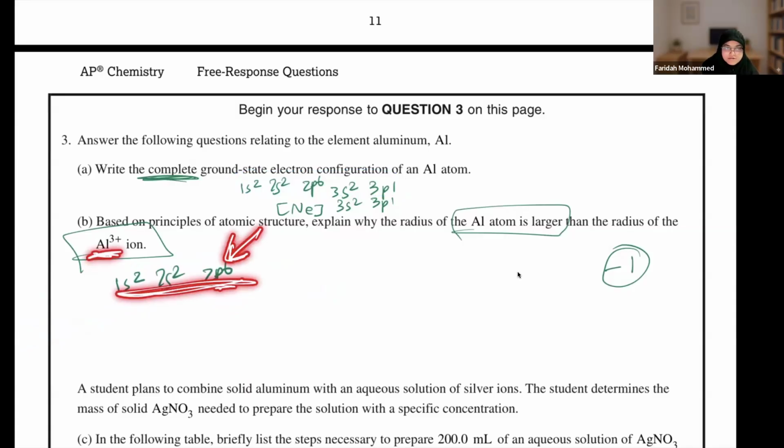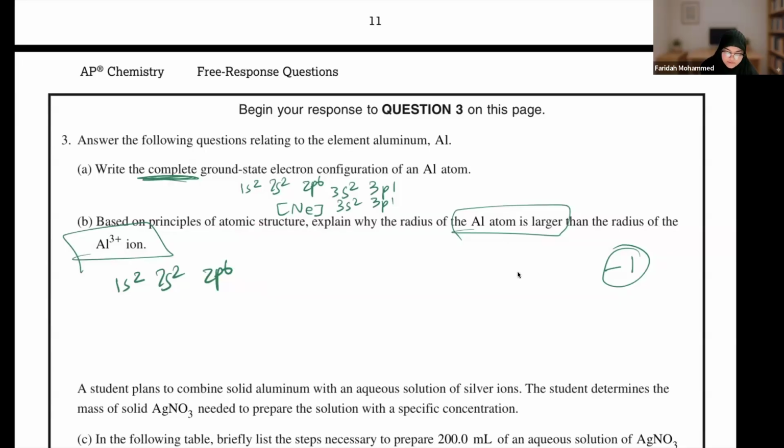You have to mention the number of shells. No mentioning of the number of shells, not going to give you the point, no matter how good your explanation is. It's not about the number of protons. Well, it is about the shielding, but the most important point is the number of shells.